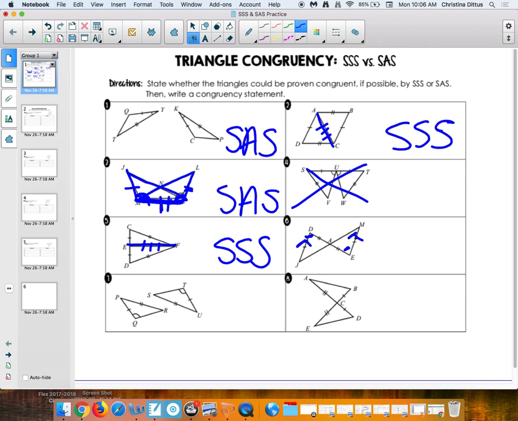What kind of angle pair are D and E? Alternate interior angles. What do we know about alternate interior angles? They're equal. So now that I have parallel lines, I can say that those two angles are congruent because they're alternate interior. Which means I have what? SAS. Good.